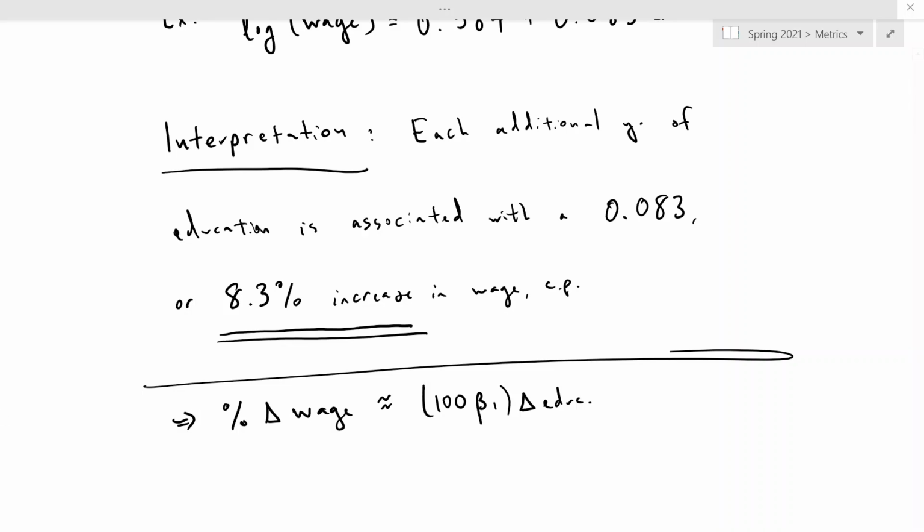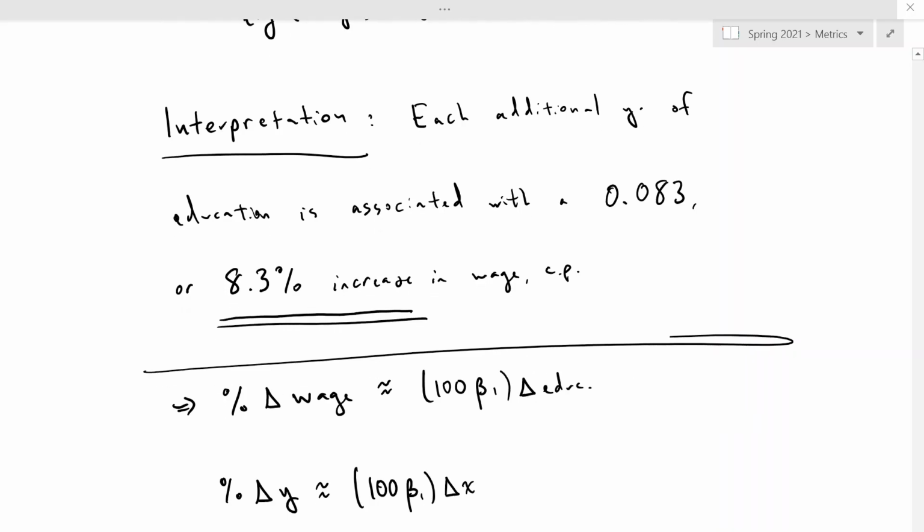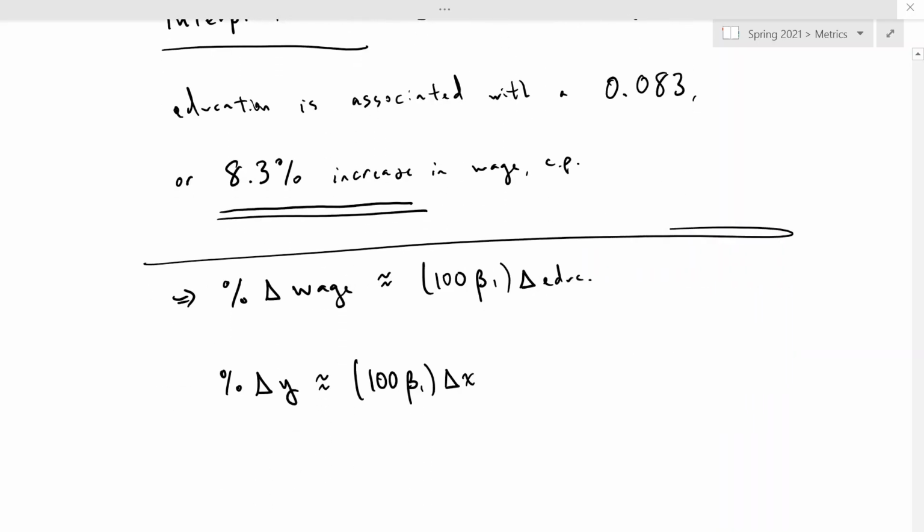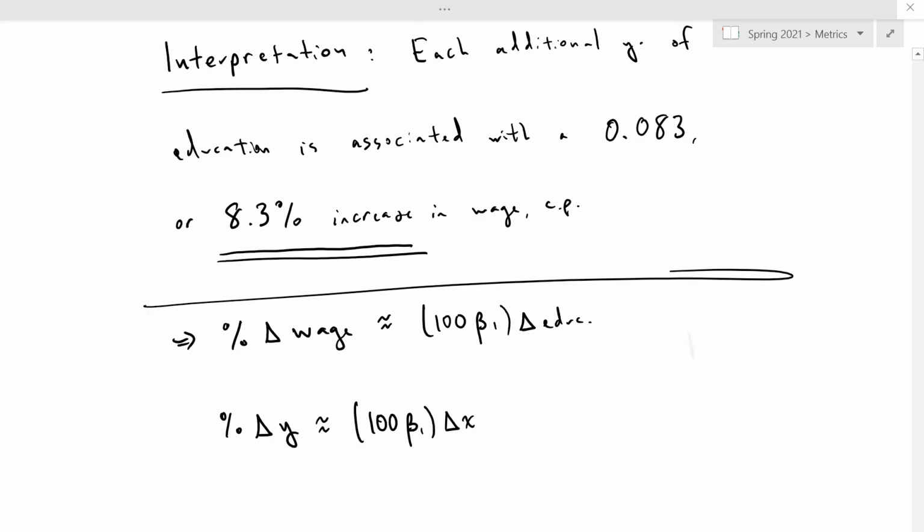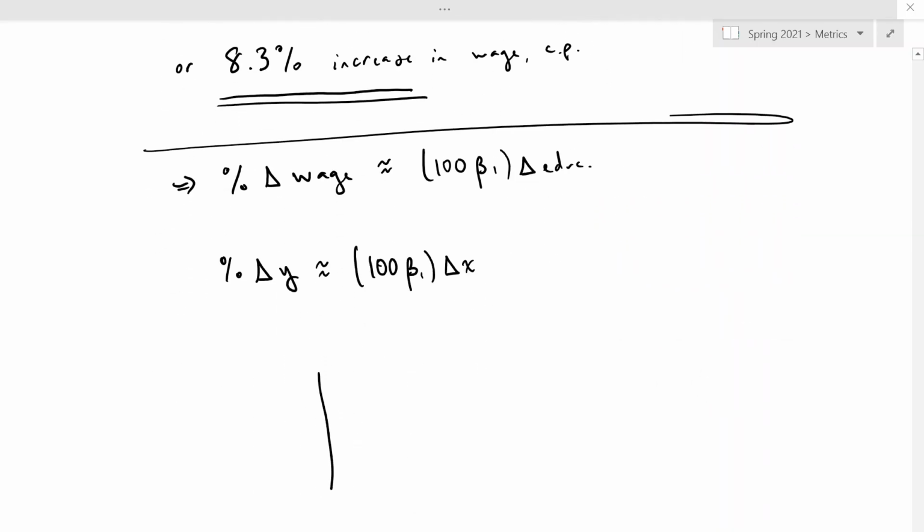So it's a really nice way to interpret variables. So that's kind of the specific one. The more general one is, because logs are approximate, there are some special rules. That's equal to 100 beta 1 times change in x.